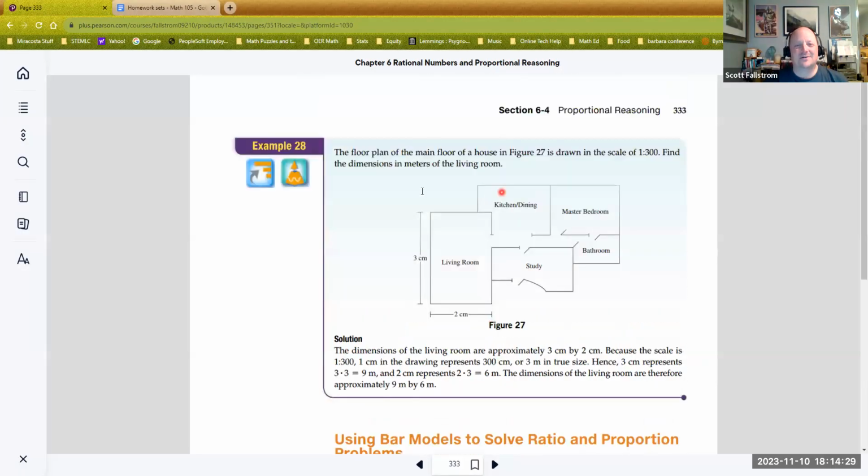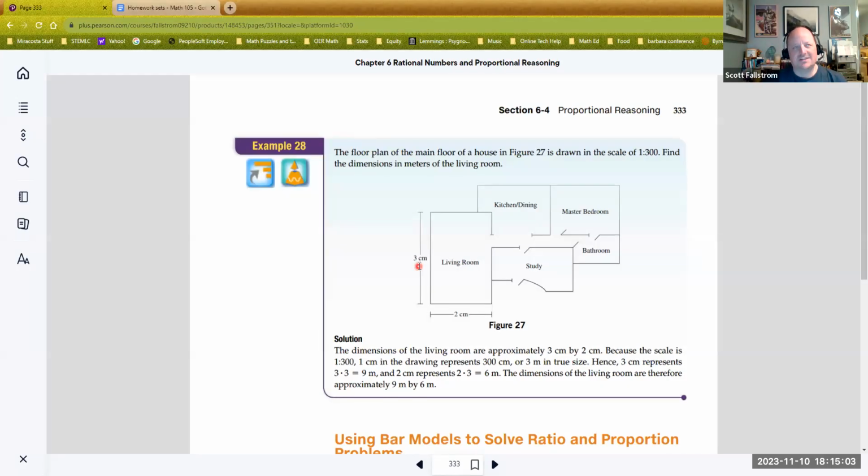Okay, so there's also, they talk about scale drawings. If you've ever seen a scale drawing and it is actually to scale, they will give you a scale factor, which means that what's shown on the actual picture in front of you is 1/300th of the actual size. When you see something that is 3 centimeters on paper, then 1 to 300 means this becomes 900 centimeters in real life.